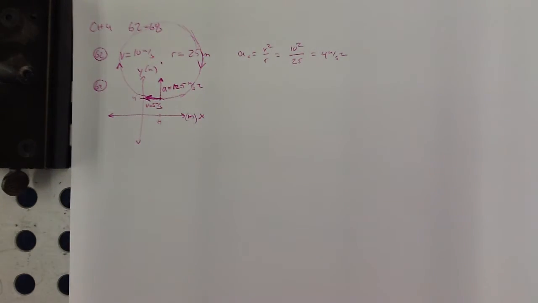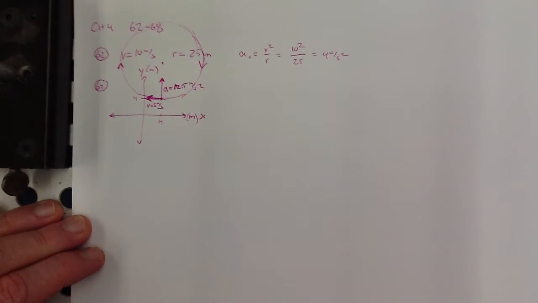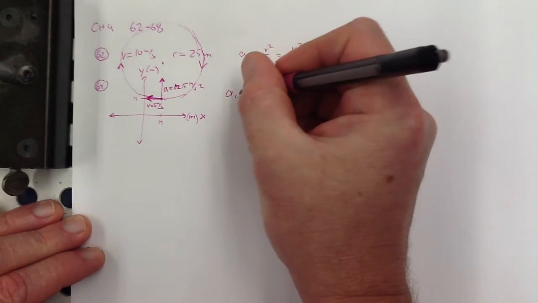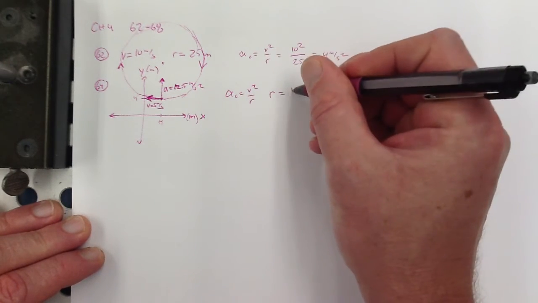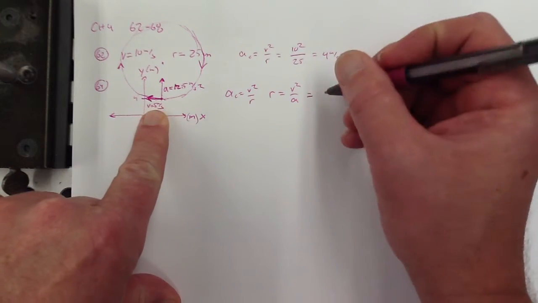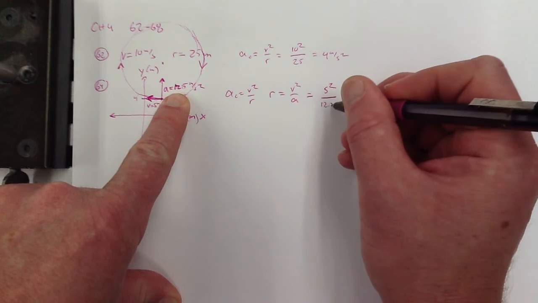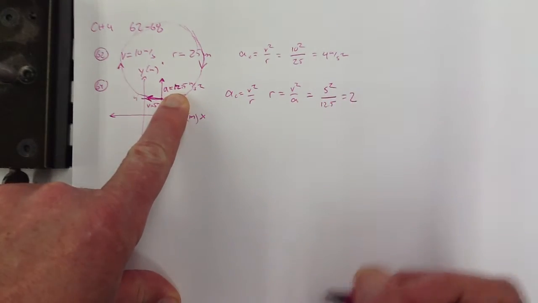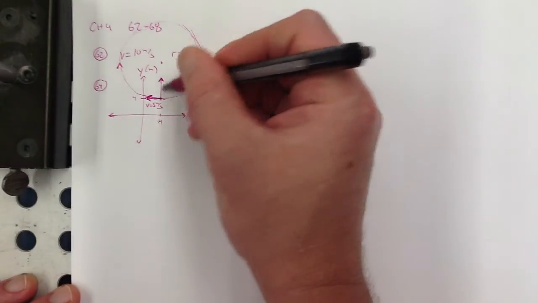Centripetal acceleration is v squared over r, so r is equal to v squared over a, which is 5 squared over 12.5, which is 2 meters. And I know that the center must be up here.